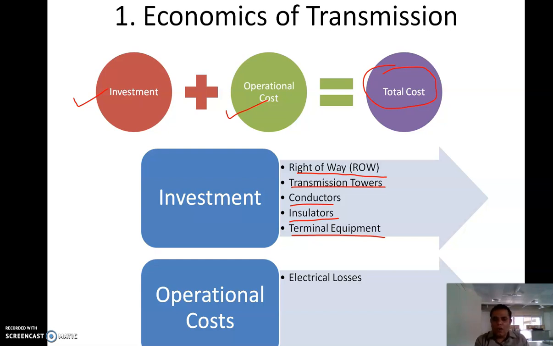And then there are operational costs. So here there could be many operational costs. For electrical engineering purpose, we restrict ourselves to electrical losses, because electrical losses form the major part of the operational cost. So we will consider both the lines, the HVDC line and the AC line, on these 2 aspects of the fixed investment or the capital investment and the operational cost.